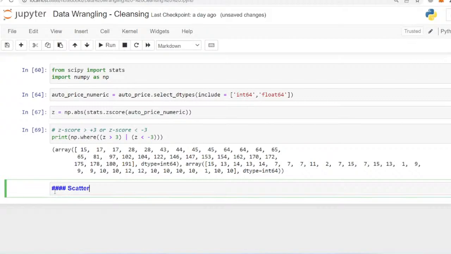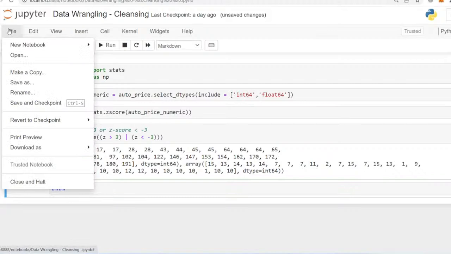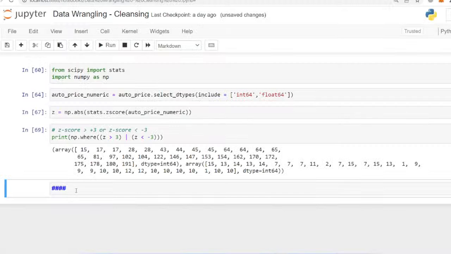One is a scatter plot, and using the scatter plot we can create a function and trim the data accordingly. Before we go for that, it's better we start a new Jupyter notebook and start with some visualization, and then I'll come back here to discuss that.